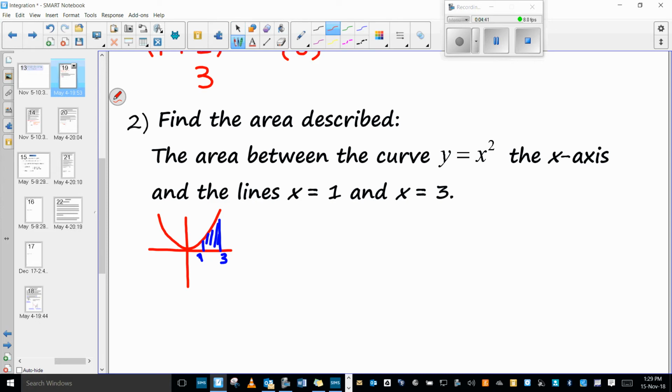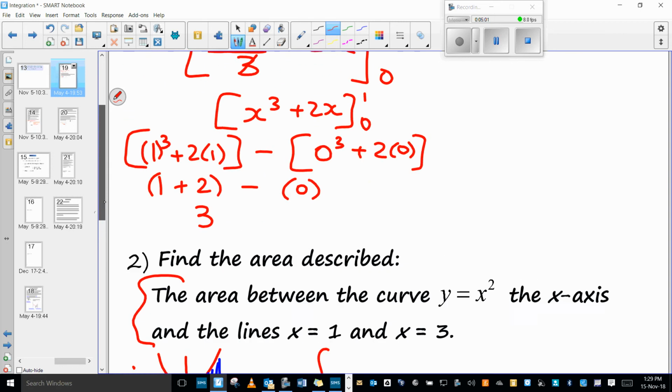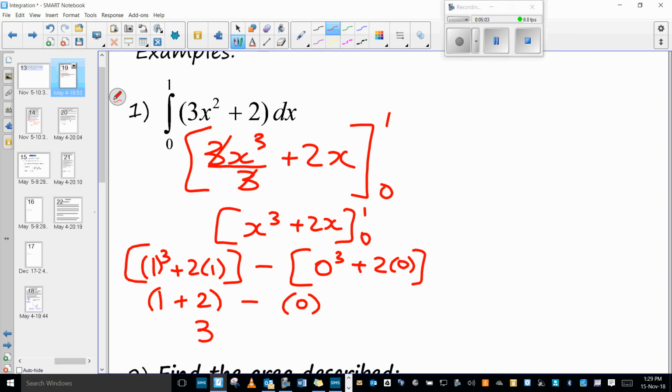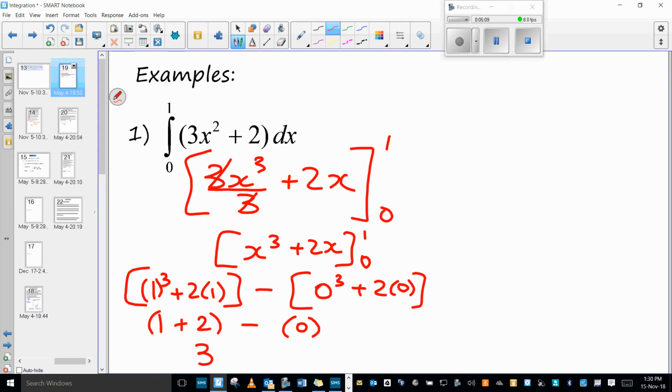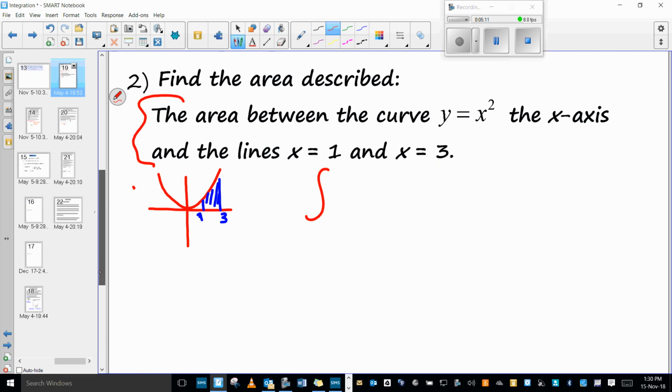These are the words, this is my diagram. How would I write it here? The integral sign, yeah. What do you notice about all the numbers all the time? Which one goes on top? The big one, 3 over 1. Yes, so the big one goes on top. Okay, so I would have 3, 1.